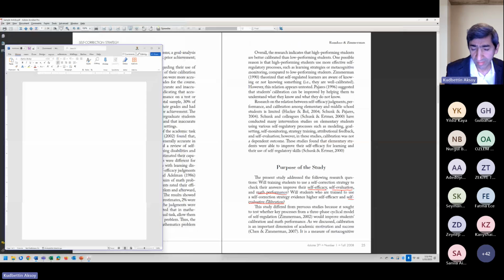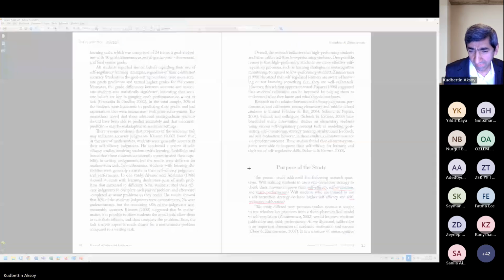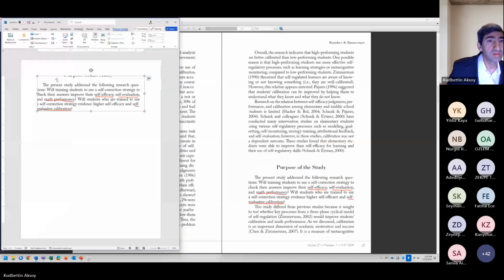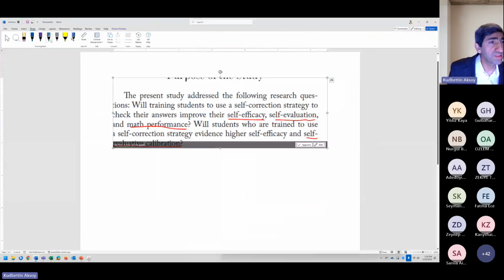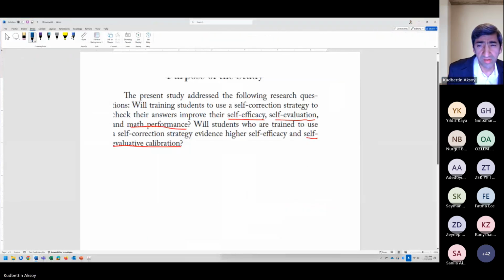Let's take this paragraph and see what we can do. So what we have is training students to use a self-correction strategy. This is our variable, one variable.